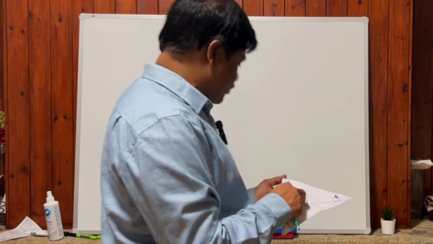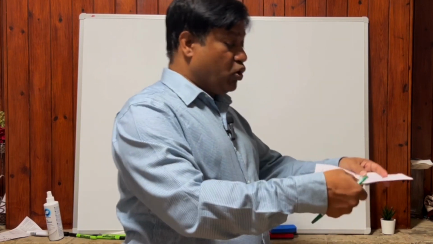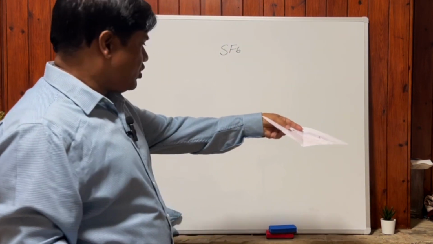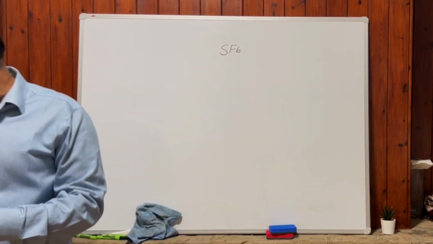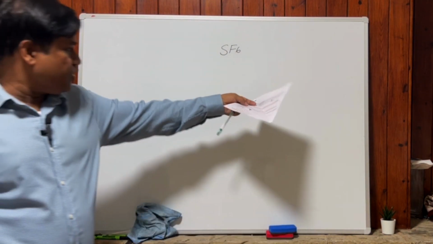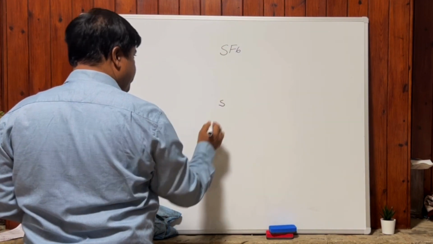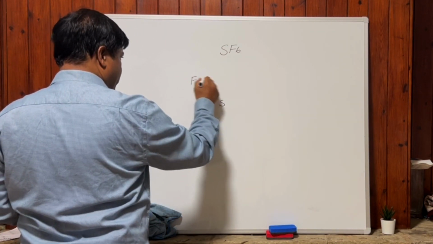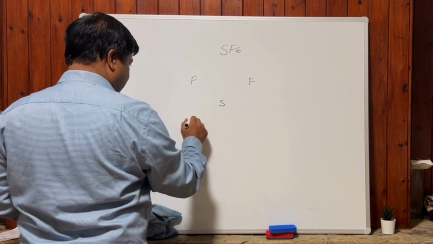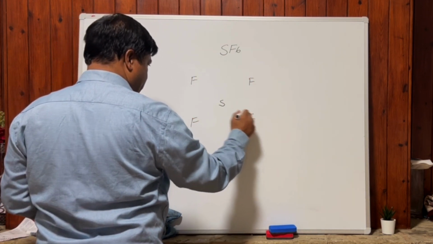First of all, we have a square planar molecule, like SF4. Look at that. This is square planar. I want to draw the square planar. Sulfur is here. We have fluorine, one fluorine and a fluorine.